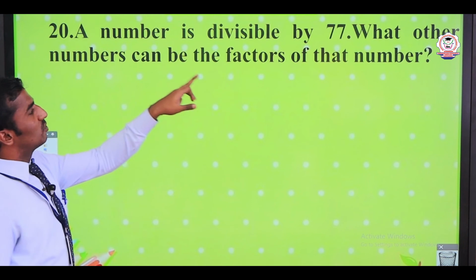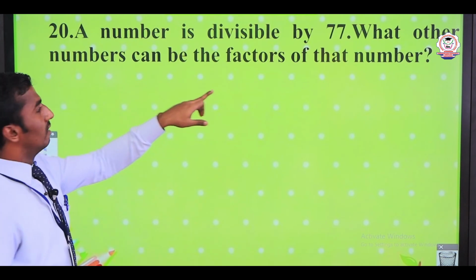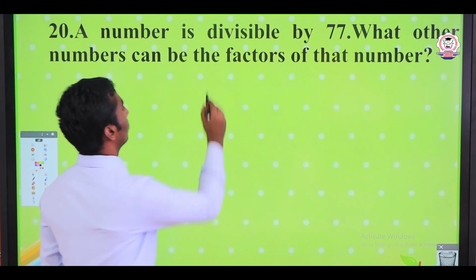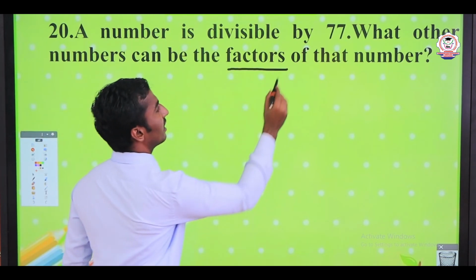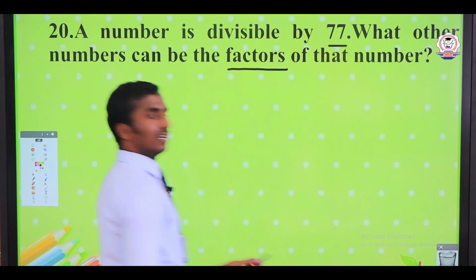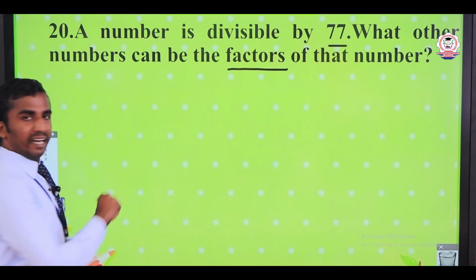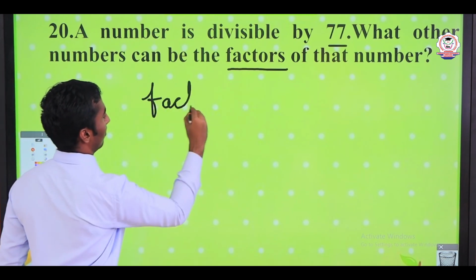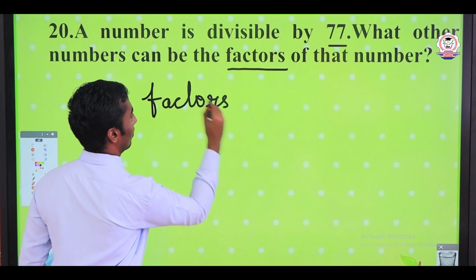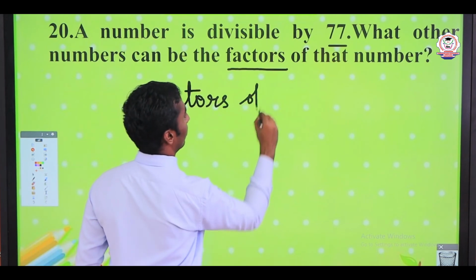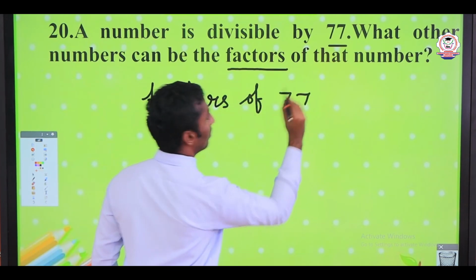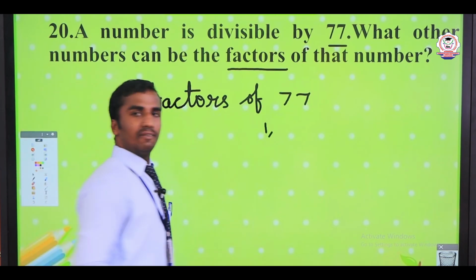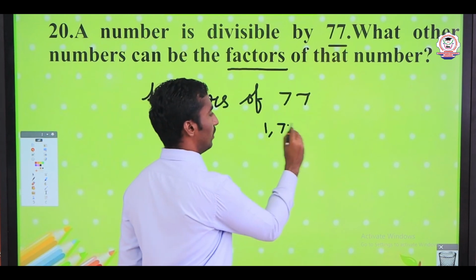Next one, question number 20. A number is divisible by 77. What other numbers can be the factors of that number? Here the given number is 77, so first we have to find the factors of 77. 1 is a factor of 77 and 77 is a factor of itself.